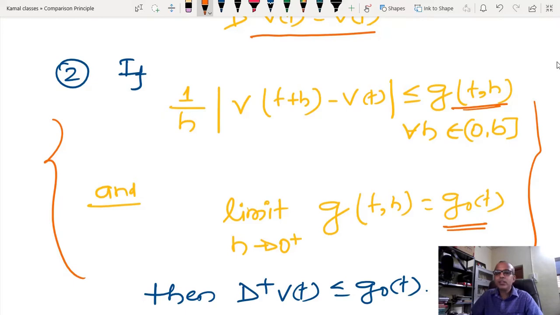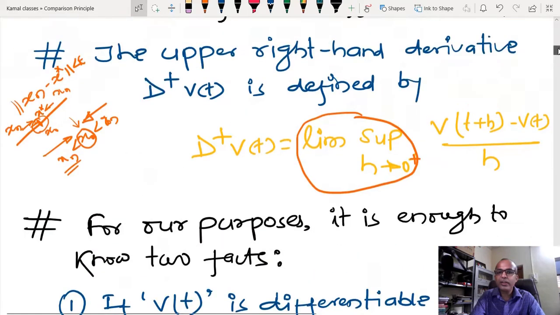Anyone? If you have confusion, then that is obvious from the definition only. In this definition, if I have V(t+h) minus V(t) divided by h, we are in some kind of higher dimensional space, or you can just talk about one dimension, that is also fine. Suppose I do not worry about this limit supremum quantity. If V(t+h) minus V(t) is bounded by some function g(t,h), and g(t,h) also has some limit, then I have two different kinds of sequences.